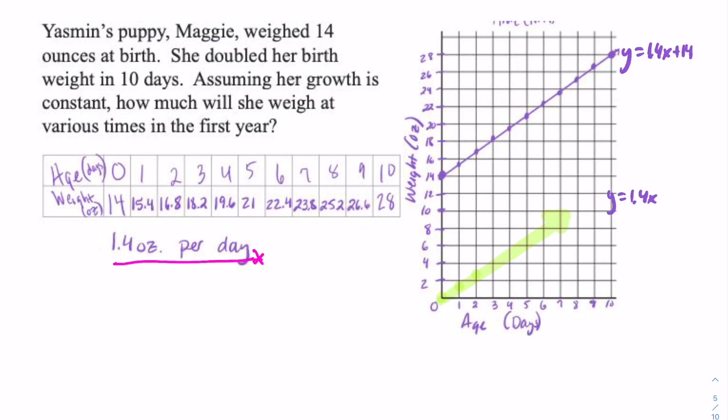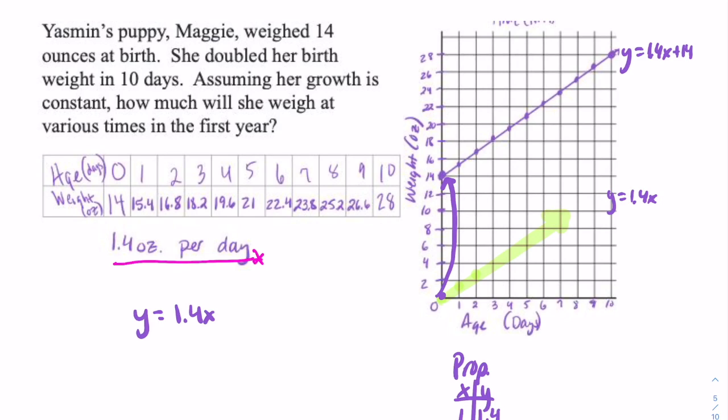That's if it's proportional. And if it were proportional and we were thinking y equals kx, right, then that would be y equals 1.4x. But what that doesn't take into account is she didn't start at 0. She started at 14. And if we were to take a minute to look at if it's proportional and we looked at an xy table, right, if x is 1, we would have 1.4.